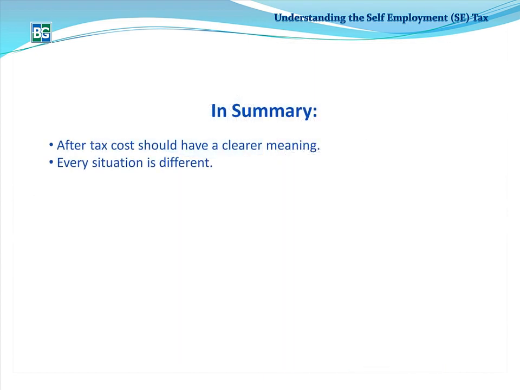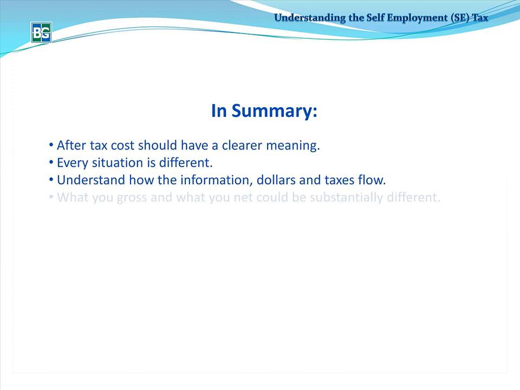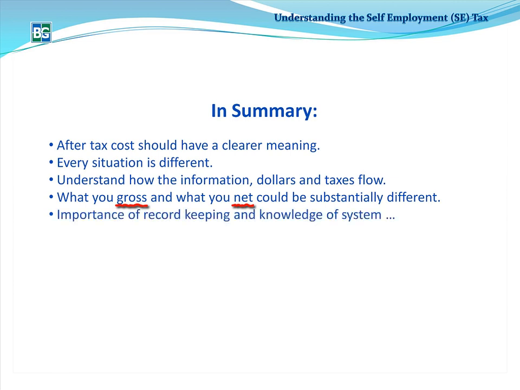Every situation is different, but the point here is to understand how the information, dollars, and taxes flow. Hopefully, it's clear that what you gross and what you net could be a very substantial difference. Understanding the importance of record keeping and the overall knowledge of the system could produce amazing prosperity over time.